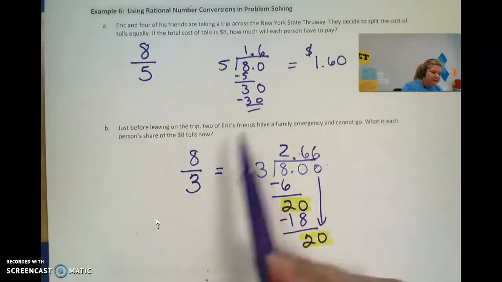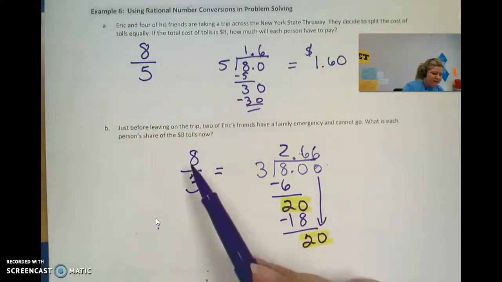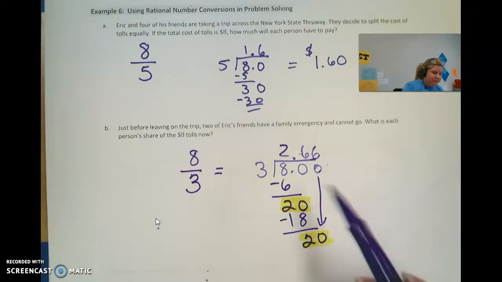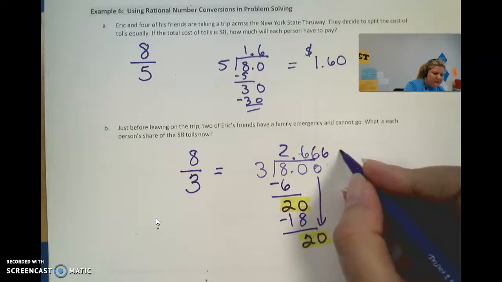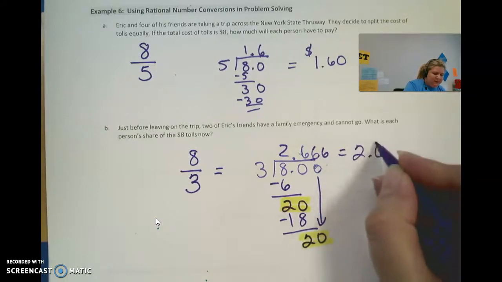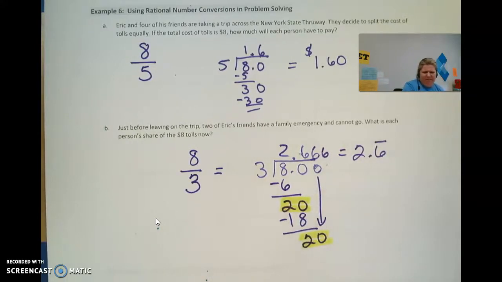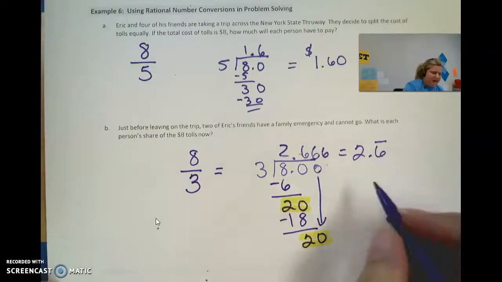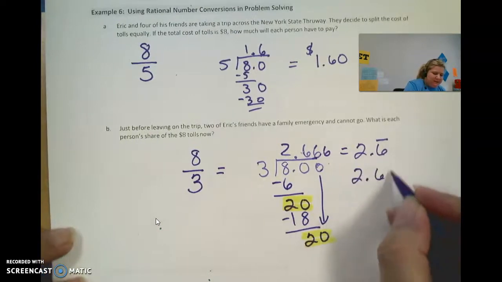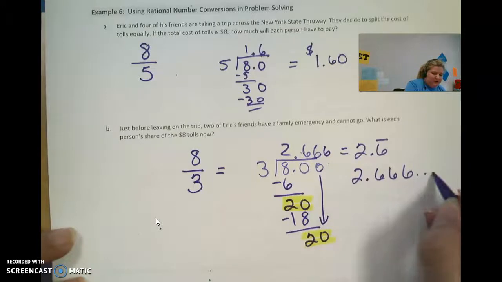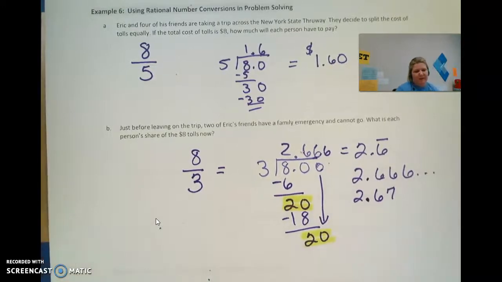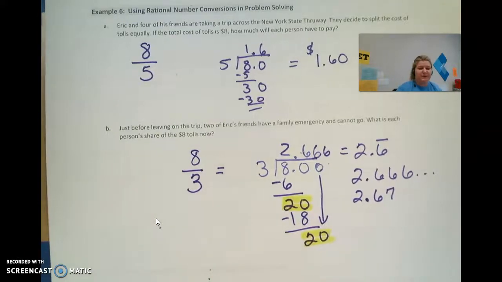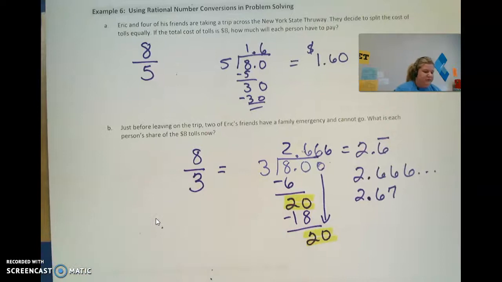So if 2 people left, we see now we're dividing the $8 among 3 people, which would be, and the 6 is repeating, but when we're talking about money, we don't pay repeating amounts like that. We would have to actually look closely and think about it. That's going to be $2.67 because they're not going to take less than the total. And if we just paid $2.66, we wouldn't have the whole $8.